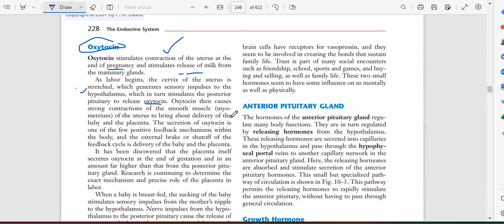The hypothalamus releases oxytocin hormones. The oxytocin hormones are stored in the posterior pituitary gland. So what will the pituitary gland do? It will release the oxytocin hormones. So whenever the oxytocin hormones are released, the target area is the uterus. The smooth muscle, the muscle's name is myometrium, will do contraction.